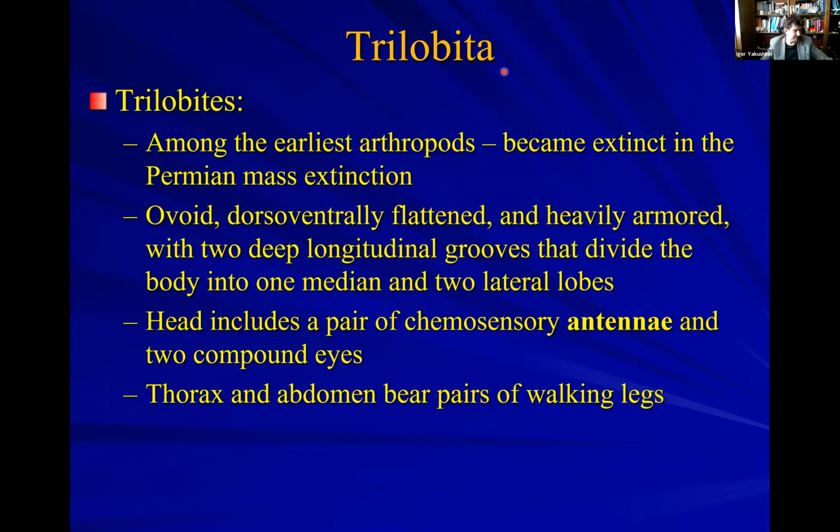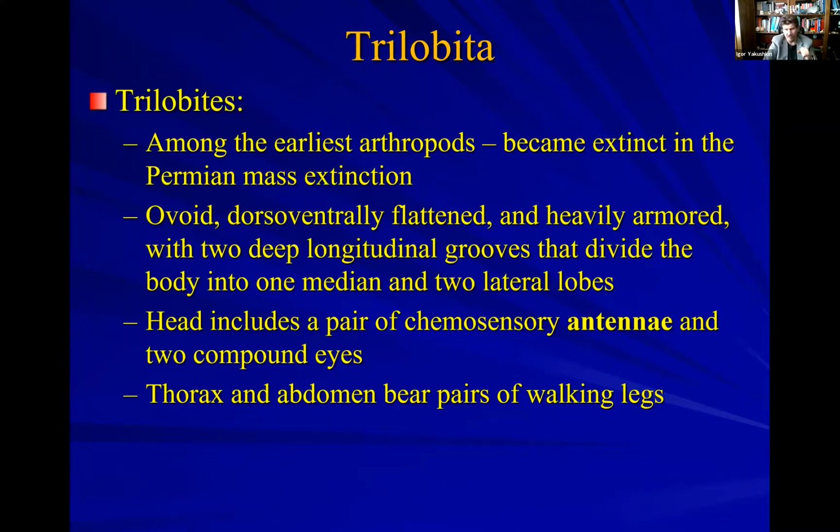They were flat and heavily armored, basically lurking on the bottom of the ocean, getting whatever they could. Again, it's divided into a central lobe and two lateral, right and left lobes. They most likely had some sort of antennas, and they had compound eyes. So it's a very interesting group. Unfortunately for us, they are all extinct.